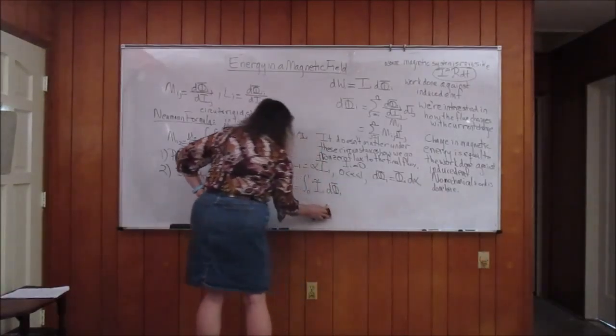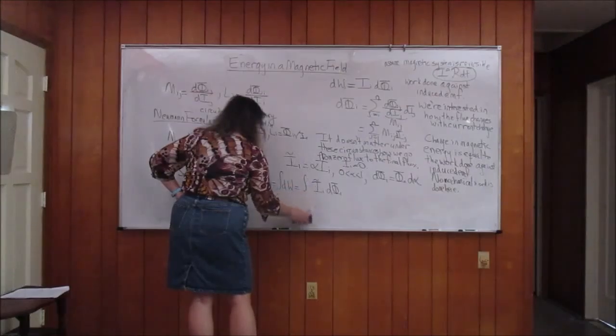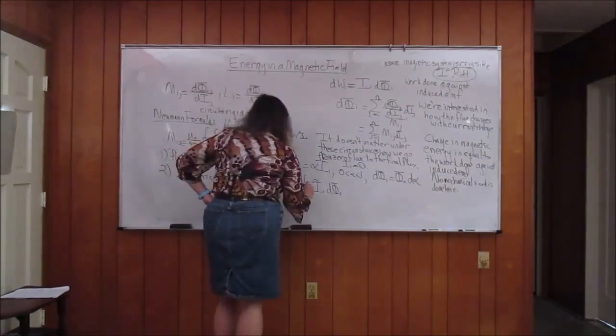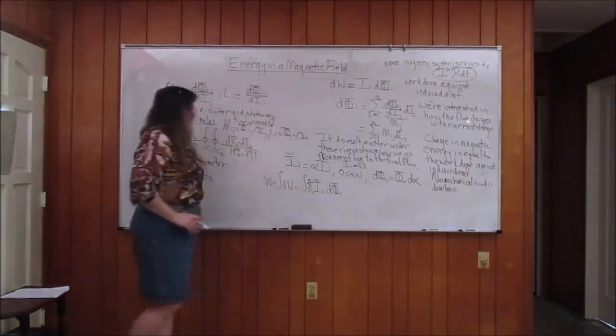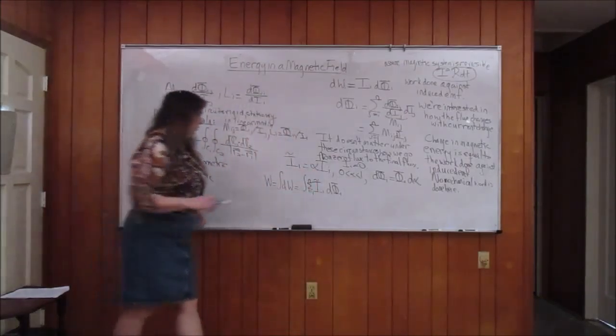And let me take the limits off here for the time being. We have a summation because we've got N circuits altogether.